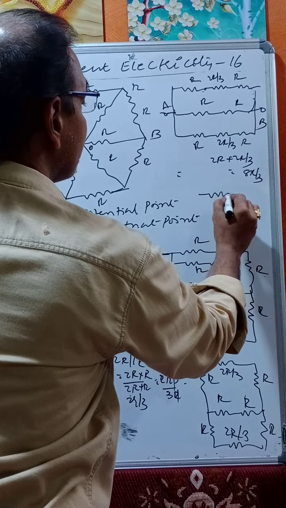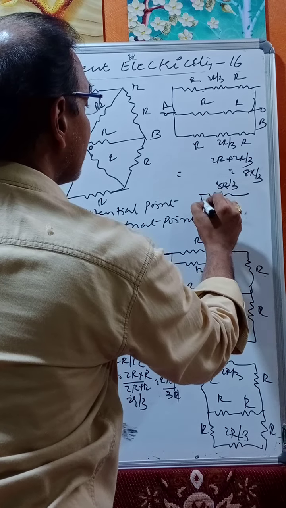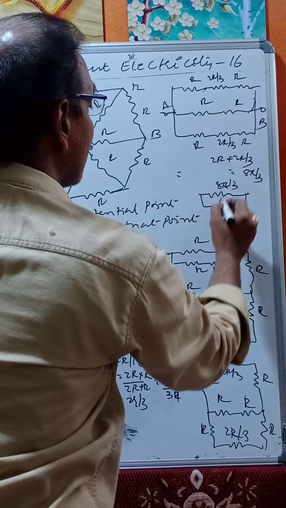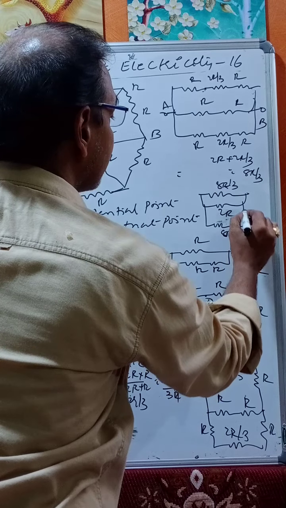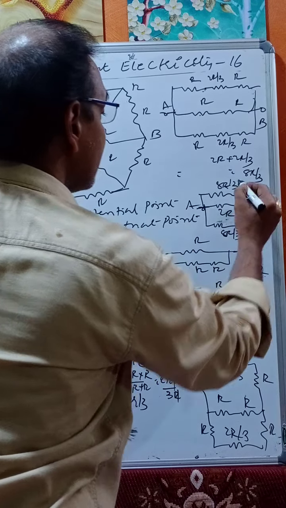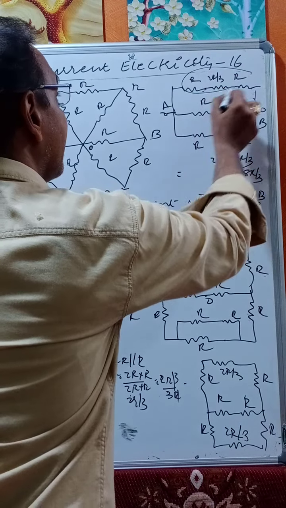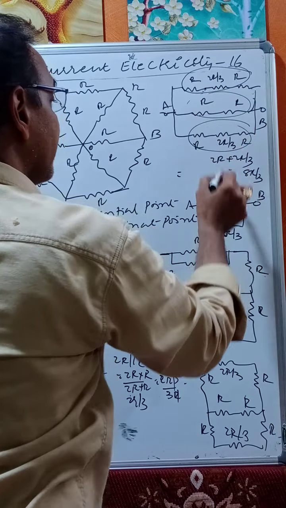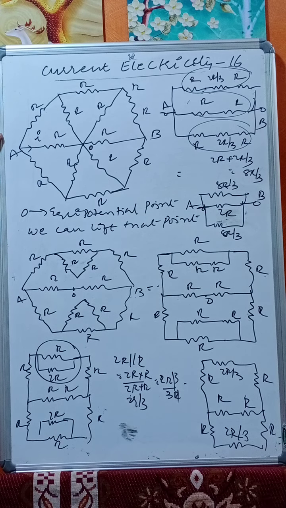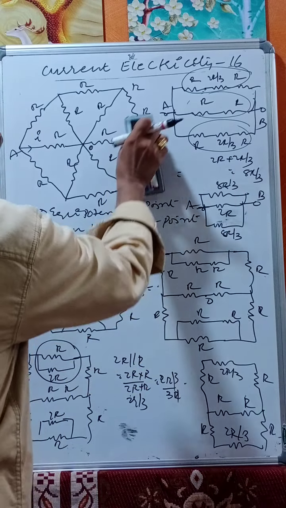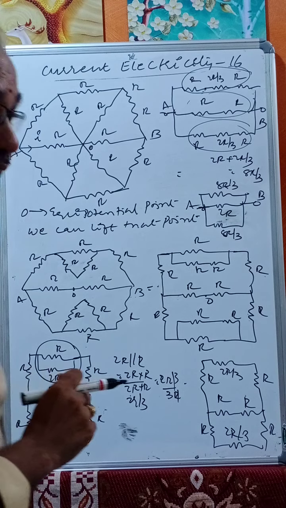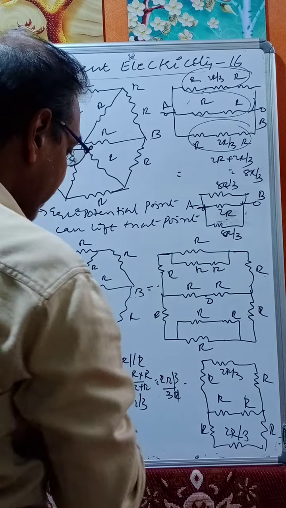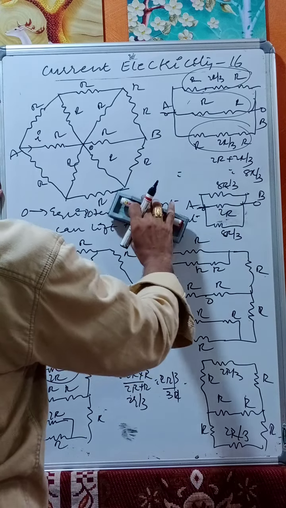The circuit will be 8R by 3 in parallel with R plus R, which is 2R. Now what is the effect of this one? 8R by 3 in parallel with 8R by 3. What will we get? 4R by 3, because R by 2.